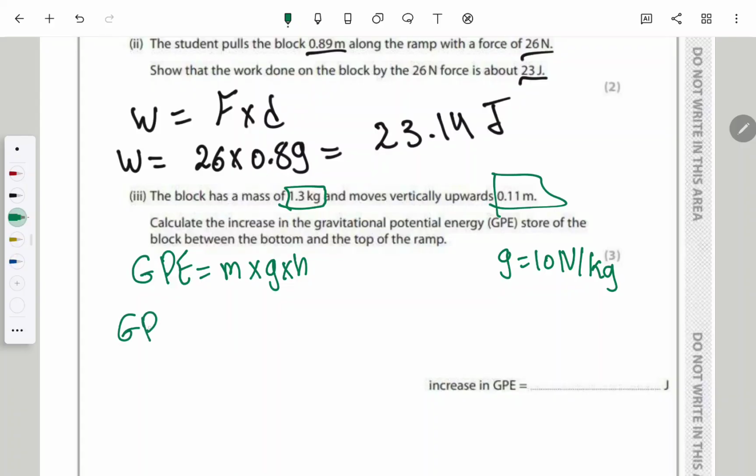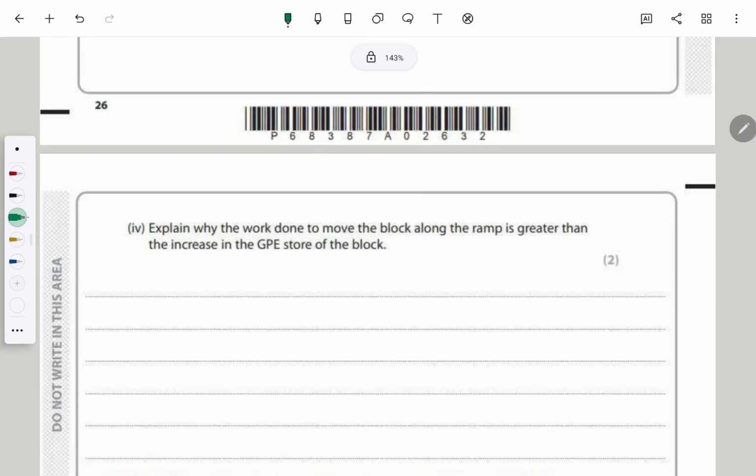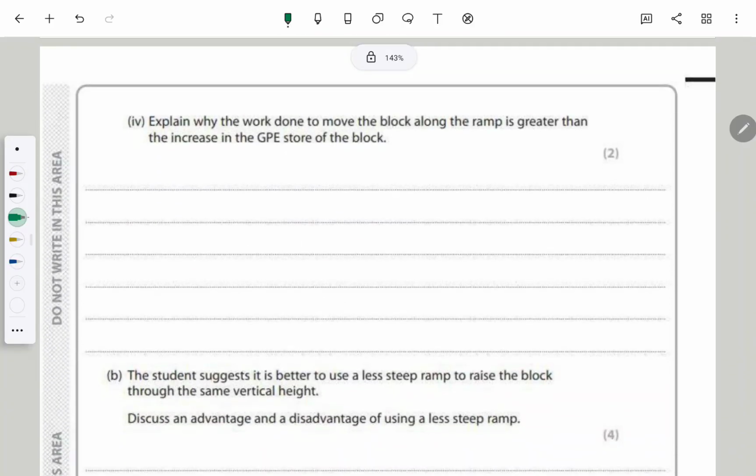So GPE equals the mass, which is 1.3, multiplied by gravity, multiplied by height, which is 0.11. And you just gotta multiply the 3 of them. And if you put that on the calculator, it would give you the answer of 14.3. No issue.